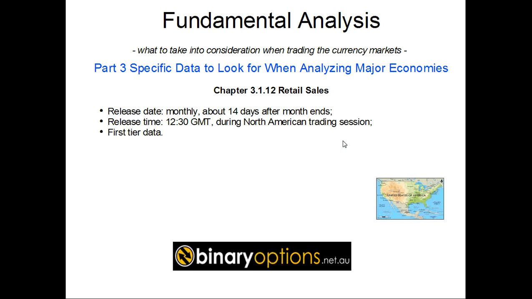The release is on a monthly basis, coming as a percentage, about 14 days after the month ends, and the release time is 12:30 GMT during the North American trading session. It is first-hand data.